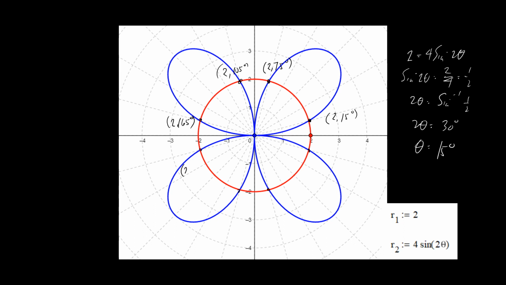Next is 2, 195 degrees, followed by 2, 255 degrees. Then we have here 2, comma, 285 degrees, and finally 2, 345 degrees.